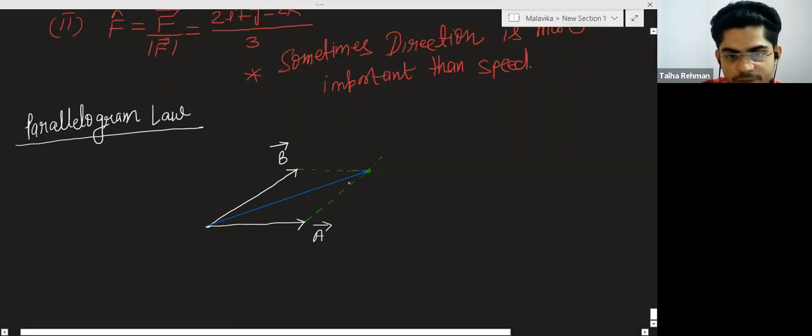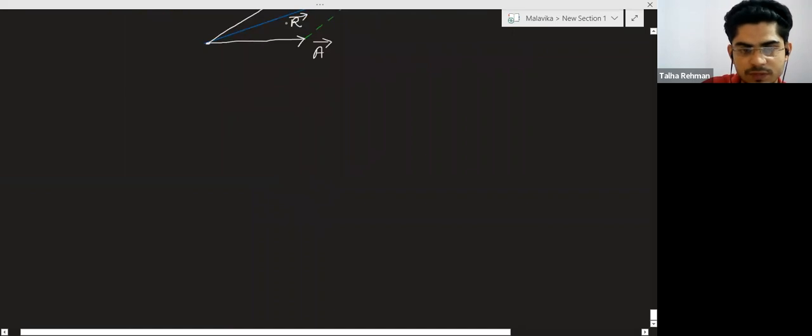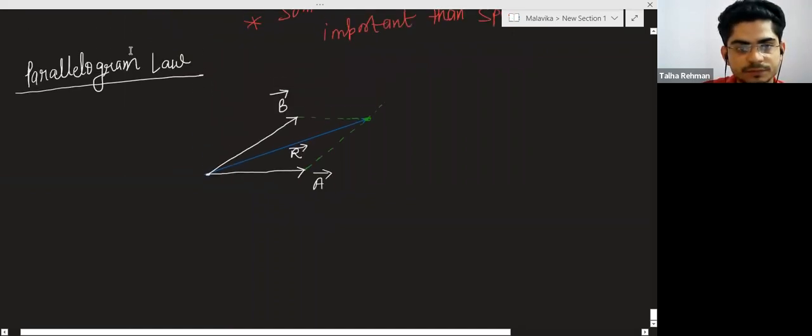The length of this is the resultant vector. Okay, and there is one more thing. Same diagram, I am drawing the same diagram.